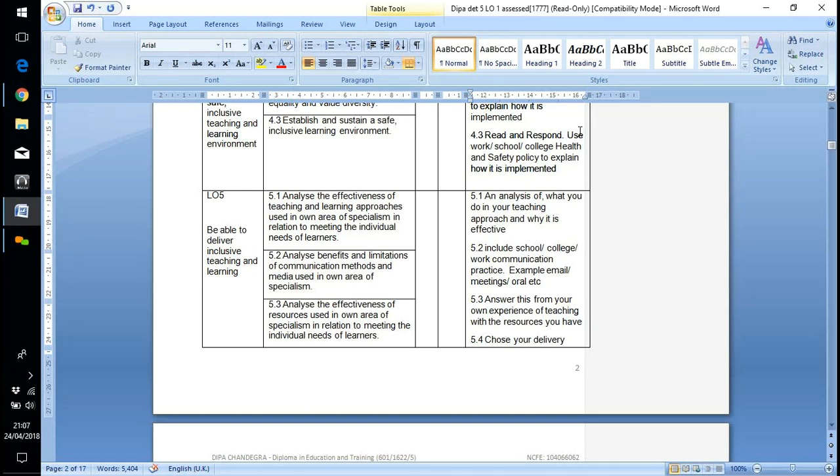Analyse, I ask you to actually say, if there are benefits, put what they are, but by all means, if there are limitations that you can see, then write it. Nobody else is going to look at this, only me and you. I'm probably the external verifier. So if you've got criticisms or a critique of the operation that you're working in, by all means, use it. Again, the effectiveness of the resources that you use.